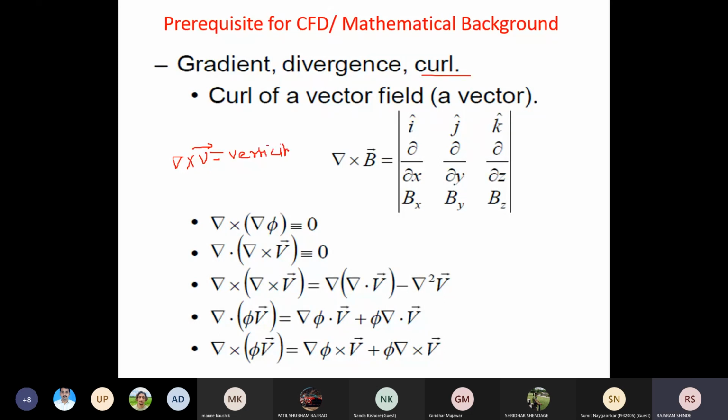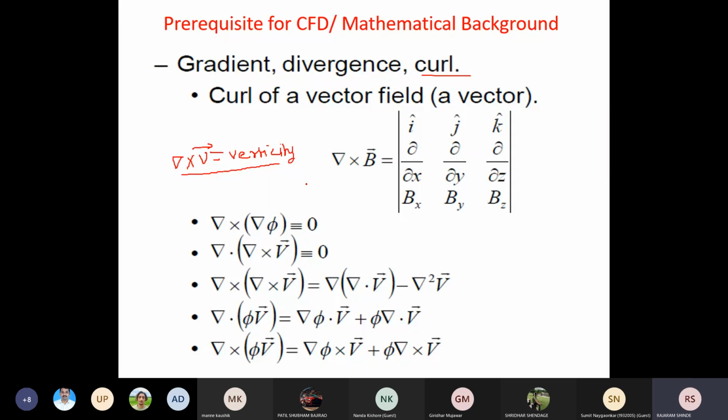For vorticity calculation, we need this curl operator. This is the gradient cross velocity. This will result in the curl of velocity, and curl of velocity is vorticity.